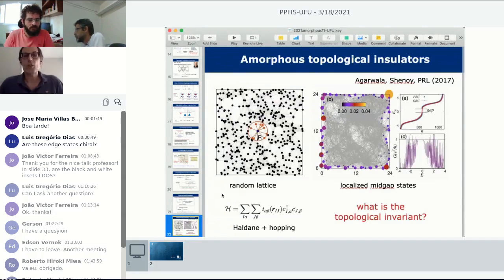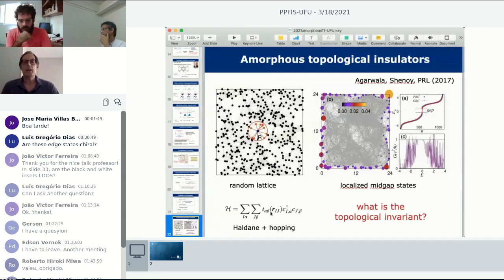Good question. Yes, these guys actually have studied this. I don't have the Hamiltonian written here, but there are some internal parameters that you can tickle and play with, and you can show that there are domains where things are topological and domains where they are trivial, and you can study some transition if you like.